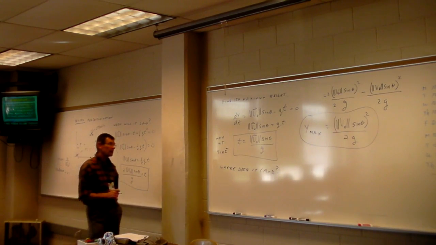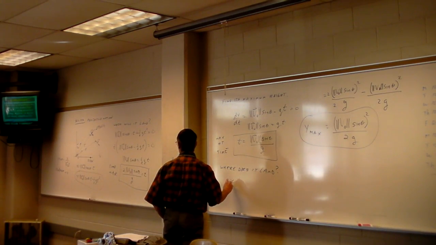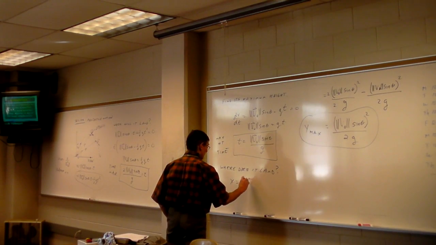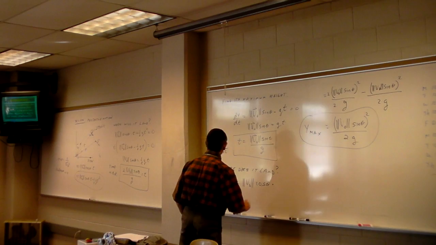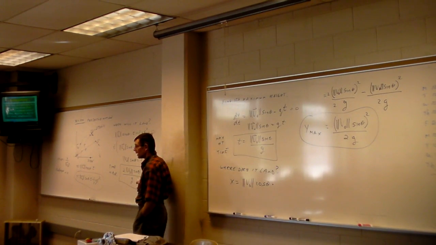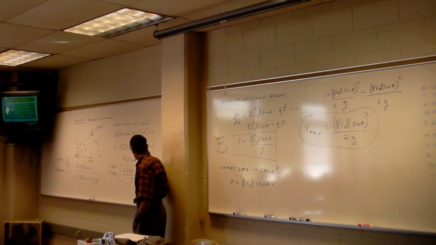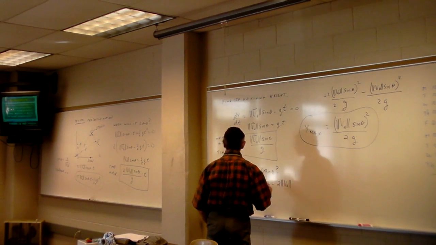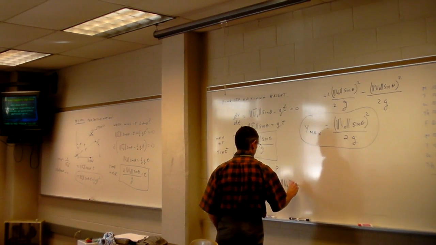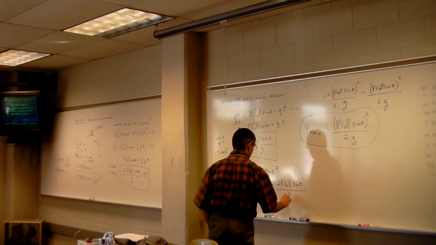So x equals initial velocity, cosine of theta, times t. And this is what we established to be t: 2 times the initial velocity, sine of theta, over g.